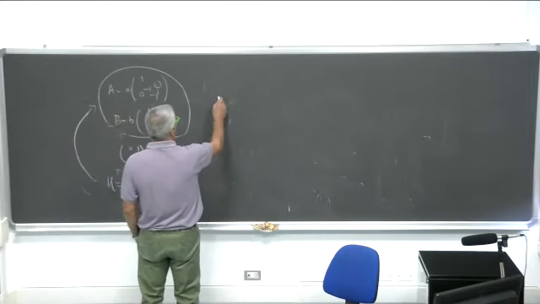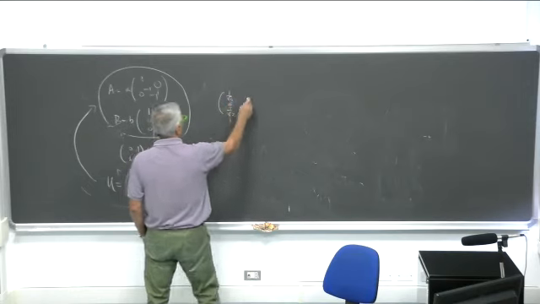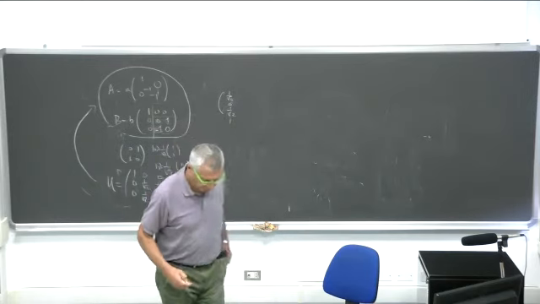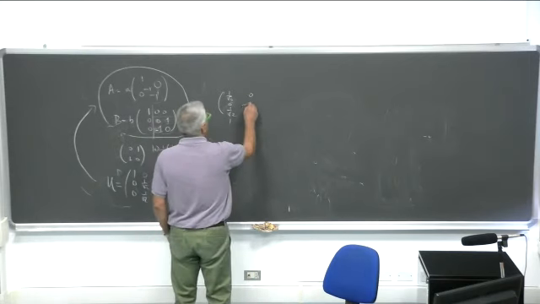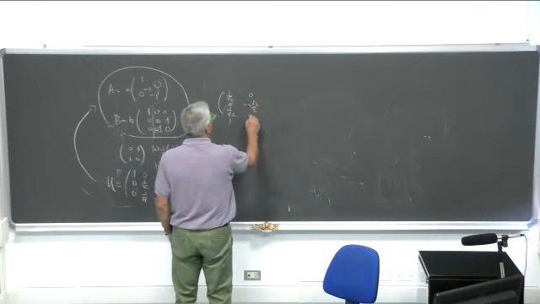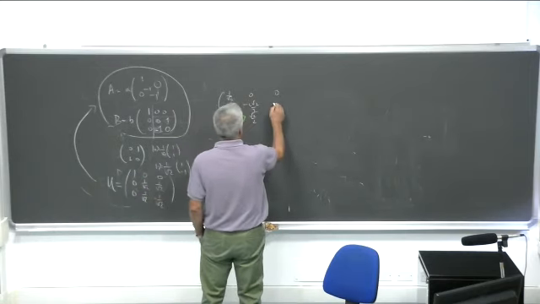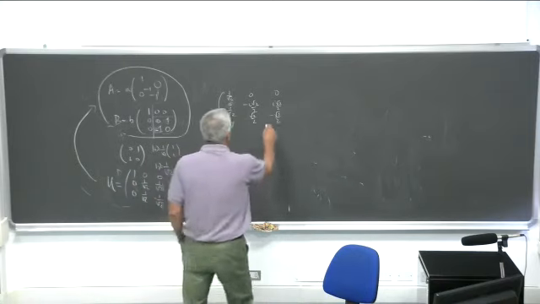Let me rewrite them, which is 1 over root 2, 0, 1 over root 2, and then we have, what was it? I erased it. Yeah, 0, then i over root 2, and then I don't remember the signs, but you have them, minus, minus, okay?